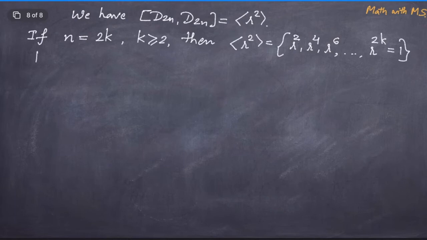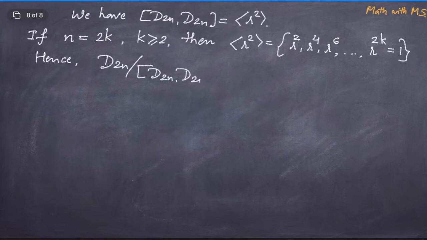Hence, the abelianization D2n modulo the commutator subgroup in this case is isomorphic to the group generated by the coset of S, which we denote by S bar, and notice that R does not lie in the subgroup generated by R square.